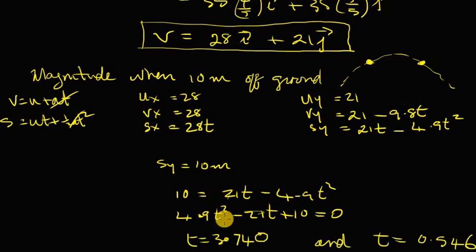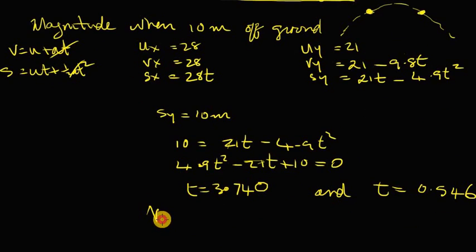I get 2 times in my quadratic: about 0.546 seconds on the way up, a bit over half a second, and then 3.74 seconds here. This is an approximation, I rounded it. So now what's its magnitude? In order to get its magnitude, we need to get v of x and v of y at this time.